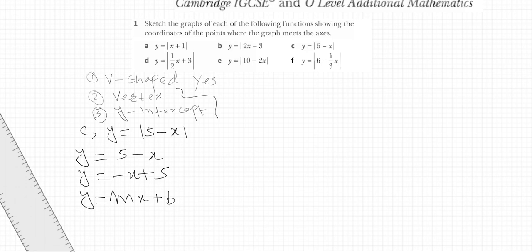From this we can say our gradient is -1 because the coefficient of x is gradient, and our y-intercept is 5. Now draw the straight line.